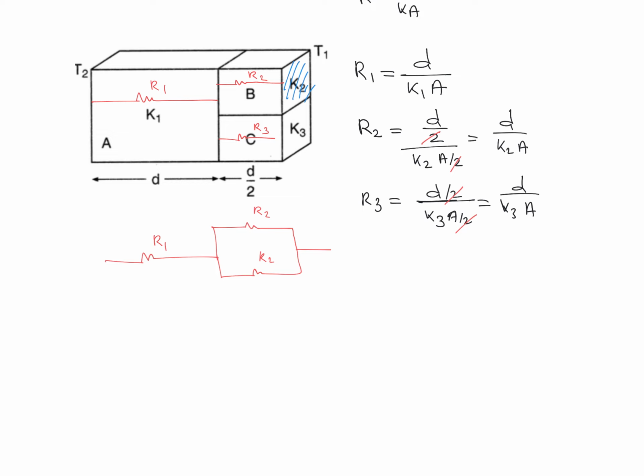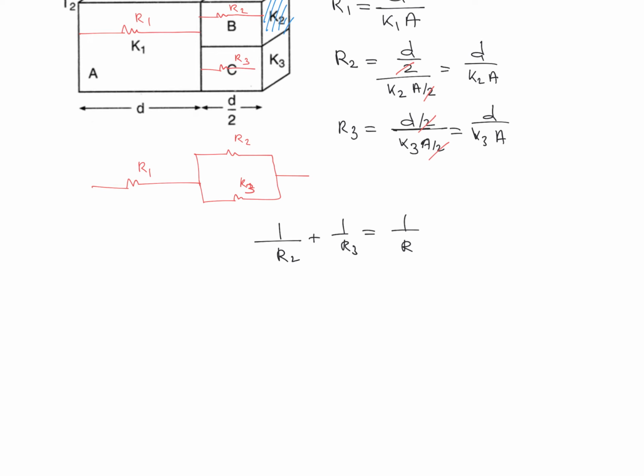First we find the equivalent resistance of R2 and R3: 1 divided by R2 plus 1 divided by R3 is equal to 1 divided by the equivalent resistance of this combination.